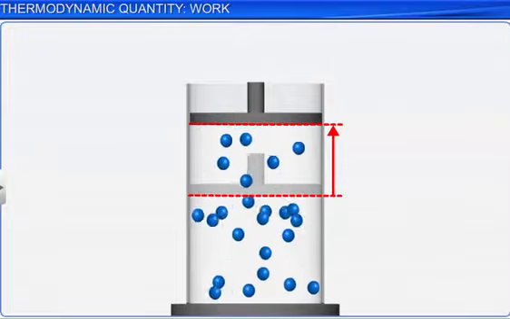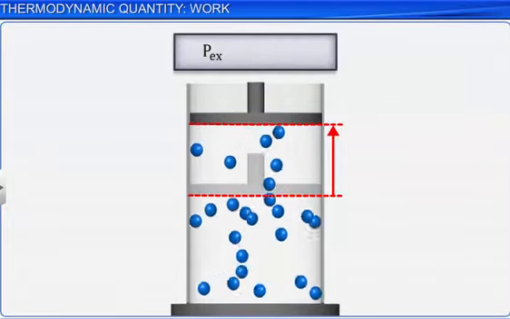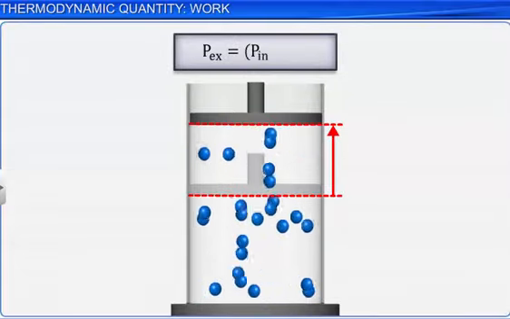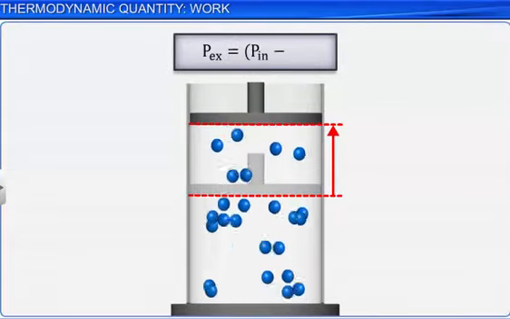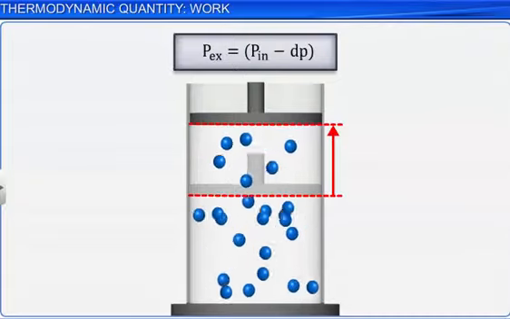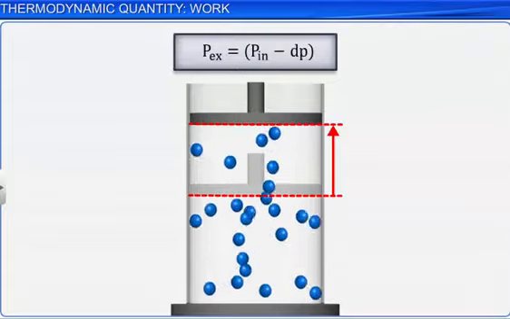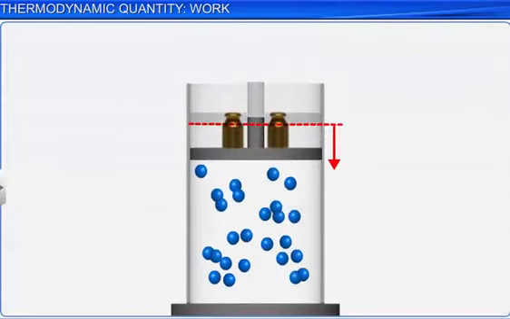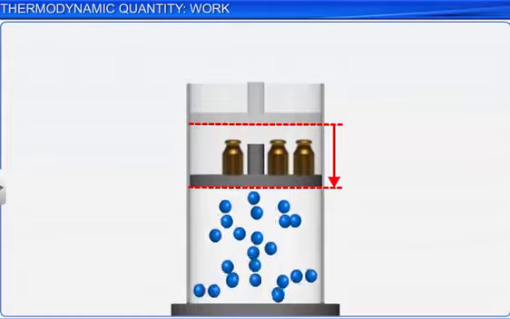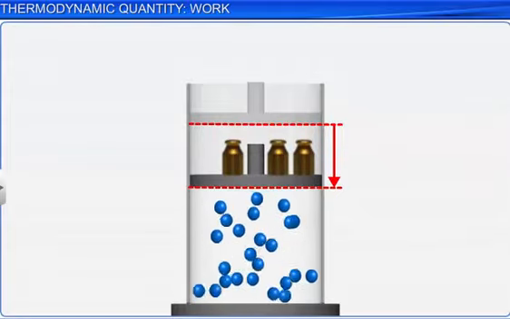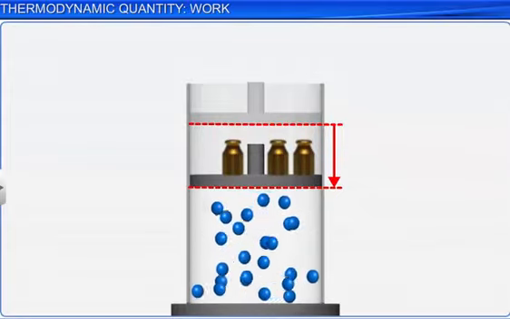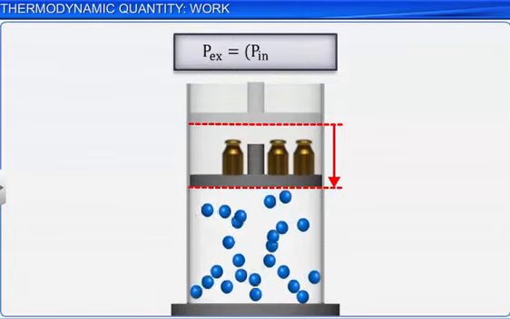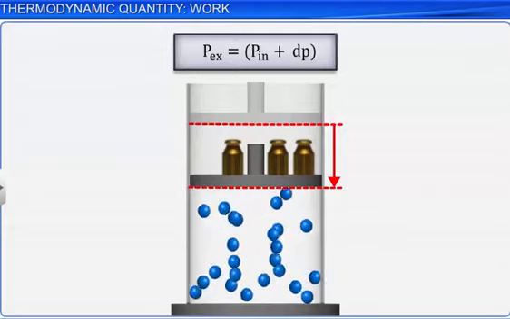Thus, Pex at each stage is equal to the difference between the internal pressure P and the infinitesimal change in pressure dP of the system. If the gas is compressed, then the external pressure is always greater than the pressure of the system. Thus, Pex at each stage is equal to the sum of the internal pressure P and the infinitesimal change in pressure dP.